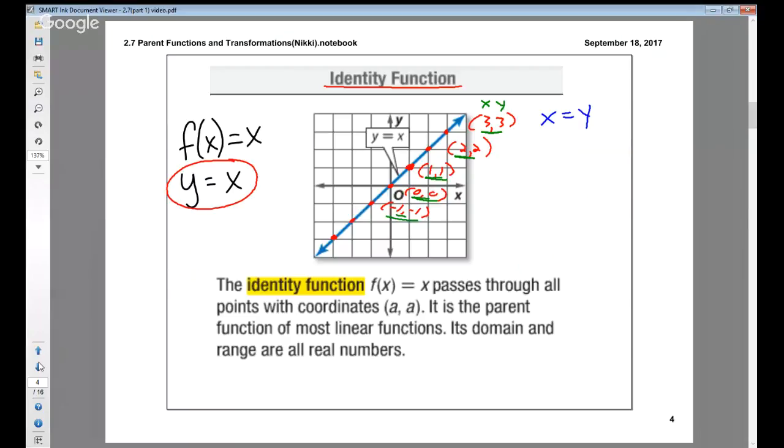So one way to remember the identity function is that the x and the y values will always be the same, just like its graph, its function describes. And its graph will always be a diagonal line. So that's the second parent function, number 2.